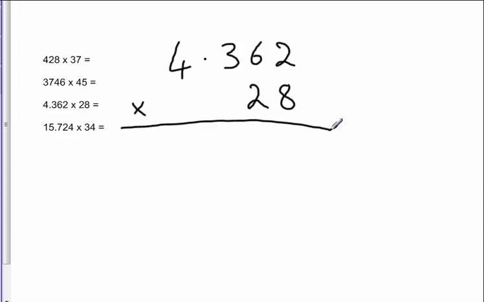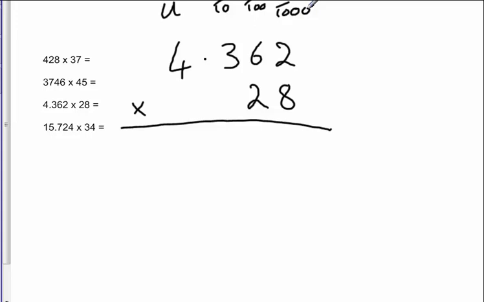So this time when I write up my place value, I need to put a U over here, a tenth, 100th, and then a 1000 over here, because my sum is 4.362, but I'm multiplying it by 28. So what I need to do is start by multiplying 4.362 by 8.